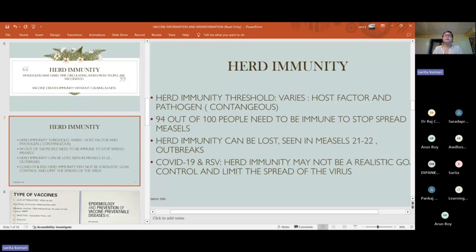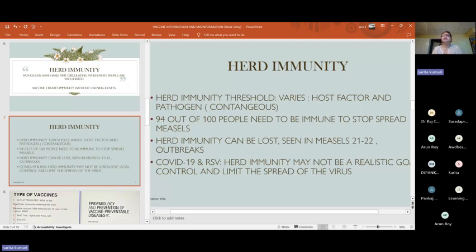Now the other important part is, let's say people are not getting naturally infected, but they are getting vaccinated. If new people are not getting vaccinated, this herd immunity can be lost. This was seen in the multiple outbreaks of measles, because during COVID, many children did not get vaccinated. So there are pockets of measles outbreaks because of the loss of herd immunity.